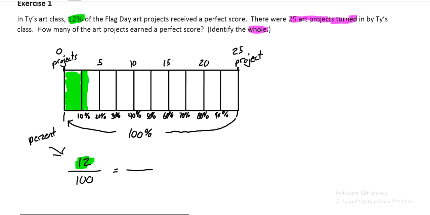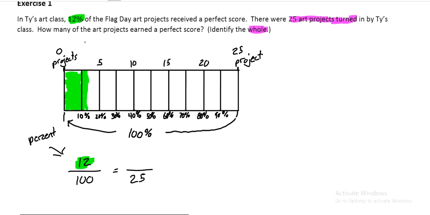But we didn't have 100 projects turned in. We had a whole of 25 turned in. And then this part is unknown. I don't know what number earned a perfect score. So 12 represents the percent that earned a perfect score, and up here has to represent the actual number of projects that earned a perfect score.